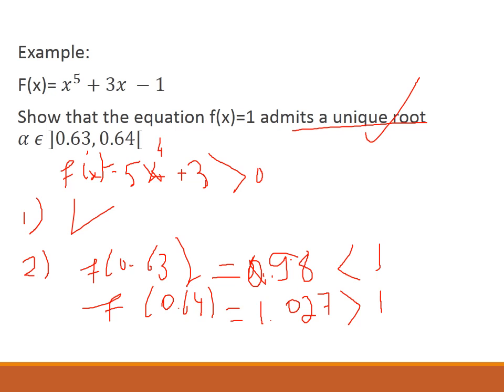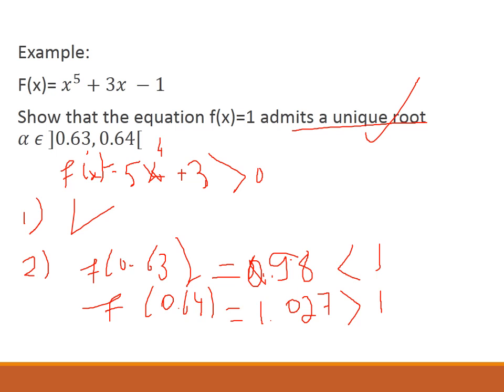F prime of x equals 5x to the power 4 plus 3. 5x to the power 4 is positive for every x in the domain because this is an even power. So the first condition, that f of x is continuous and increasing, is satisfied.